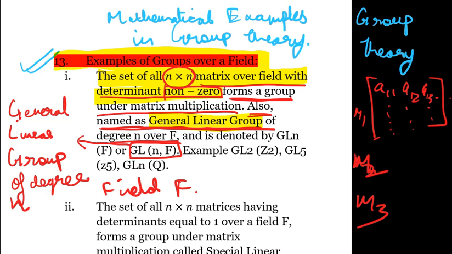Let's write that over properly: over field F. Now, moving on, there are examples given to you like GL2 Z2. The degree is 2, and Z2 is the integers with 2 elements only. GL5 with Z5, GLn of cube.